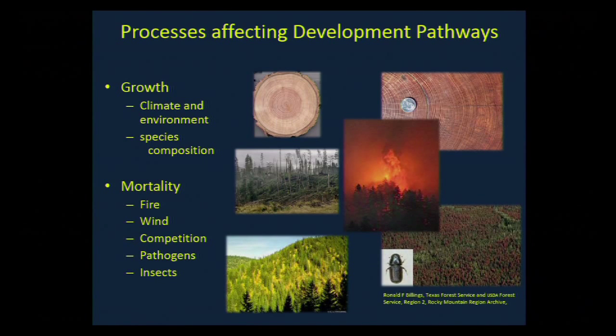And mortality is really a function of both physical and biological processes. So things like interstand competition for resources, as well as wind and pathogens and insects, at least in our part of the world, really function at more the within stand or kind of medium landscape scale, whereas fire really operates at a wide variety of scales.